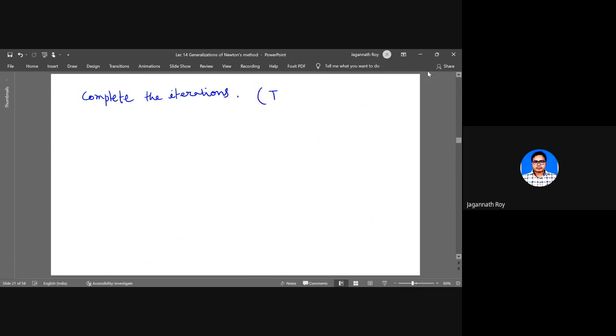So you can do this as a task. Remember, we had the optimal point minus 1 comma 1.5.